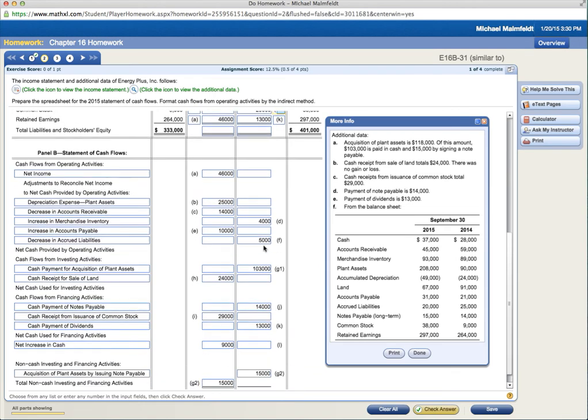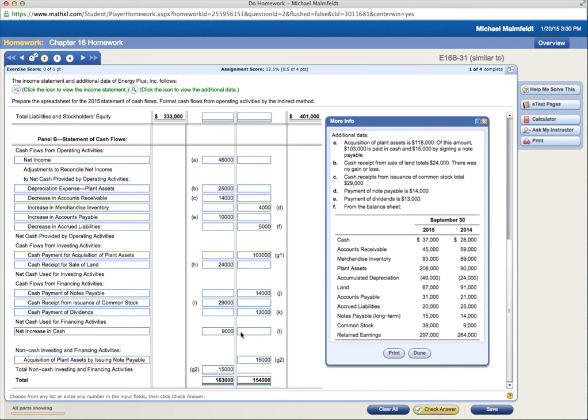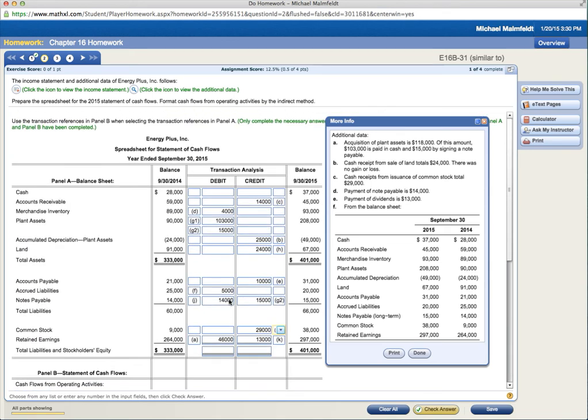Okay, and then the only thing that I haven't touched yet is this net increase in cash, which is part L. So if I come up here, cash was increased by $9,000. Okay.